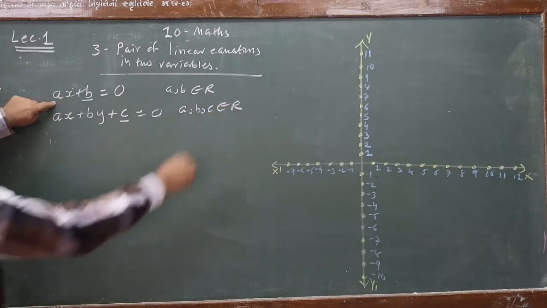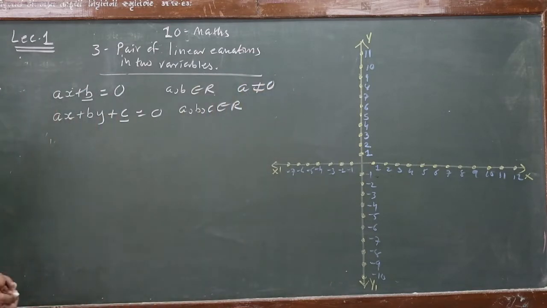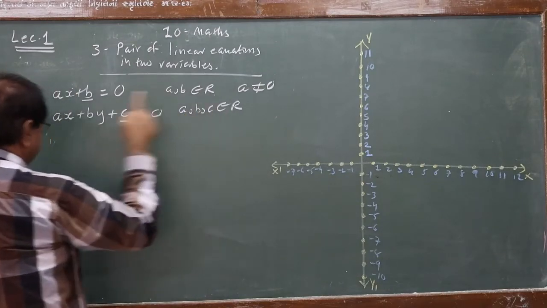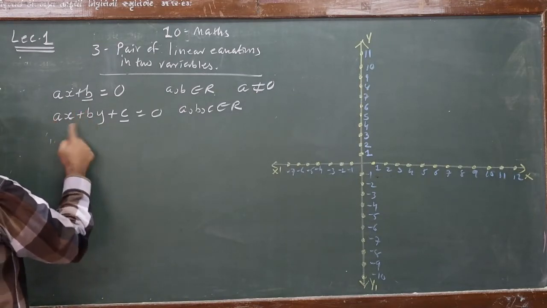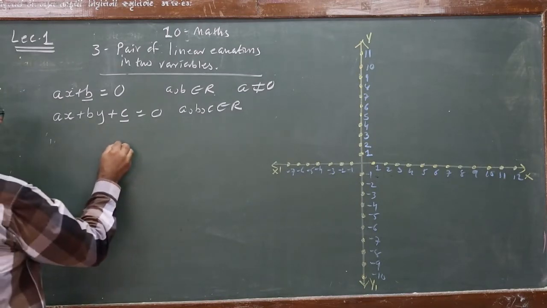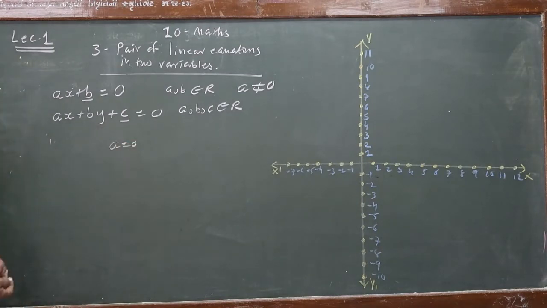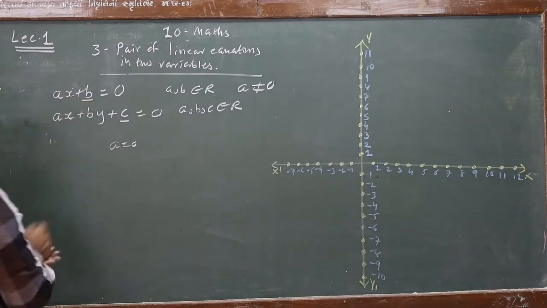Here the condition is what? A cannot be 0. Otherwise this term becomes 0 and there is no variable. And here in the second term a and b, they are the coefficients of the variables. Suppose we understand a is equal to 0, then it is by plus c, again of this form.